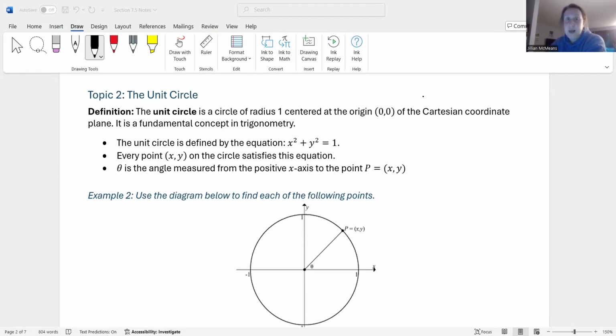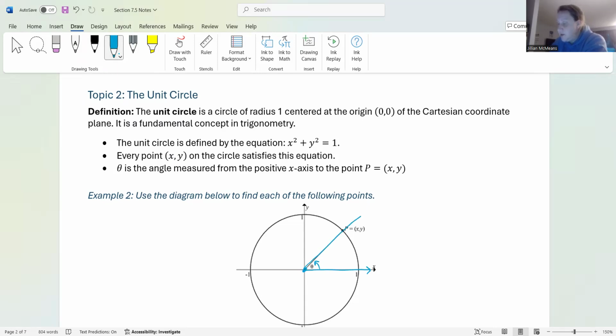Now, theta is an angle measured from the positive x-axis to some point on the circle, okay? So you can kind of envision this. We've drawn so many angles at this point. Envision you've got your vertex at the origin and your initial side on the positive x-axis. To get to this point that we have drawn on this circle, we would sweep open in the counterclockwise direction.